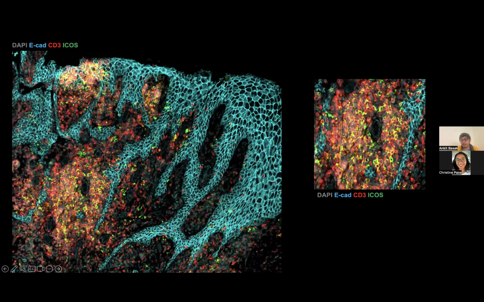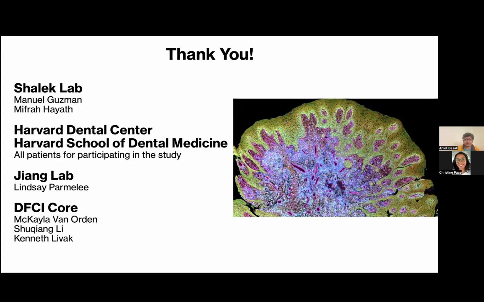And we see that a lot of these T cells that are infiltrating into the stromal layers are expressing this ICOS marker. So this gives us an idea that these T cells are probably driving and contributing to the inflammation that happens in periodontitis. And if we can target these T cells, then we might be able to target this inflammation and get a cure for periodontitis.